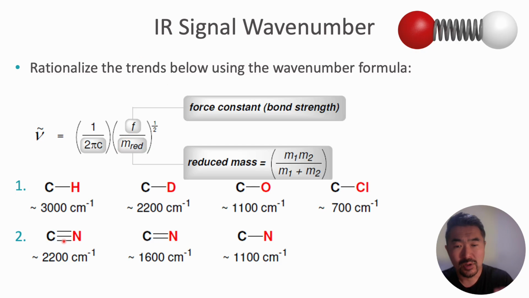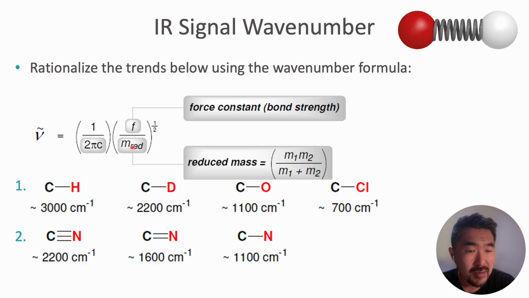Well, a triple bond is much stiffer, because there are three bonds involved, than a double bond, which is still stiffer than a single bond, and that's reflected in these wave numbers, which are another way of measuring the frequency. So the frequency of vibration is higher with a stiffer bond, lower with a less stiff bond.